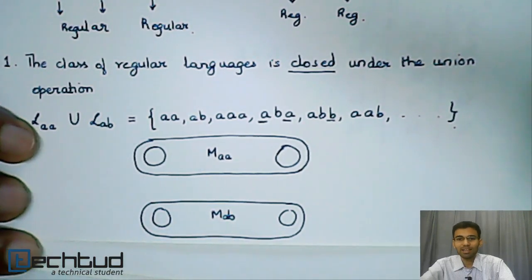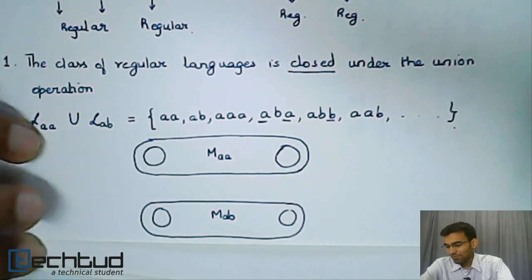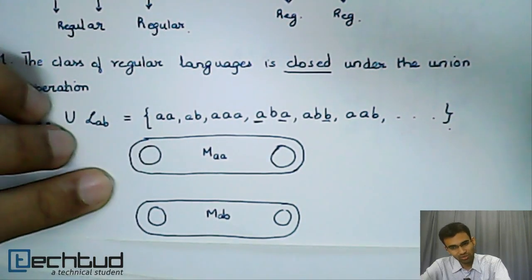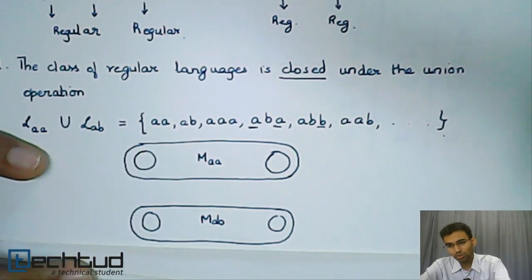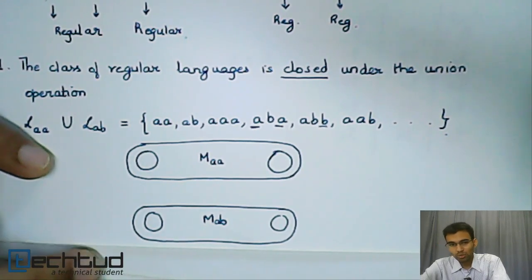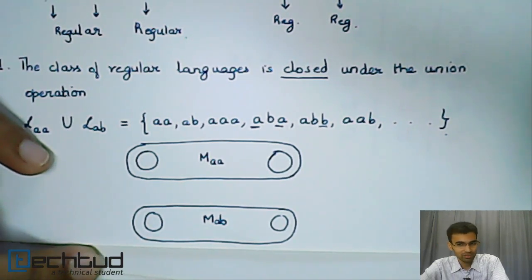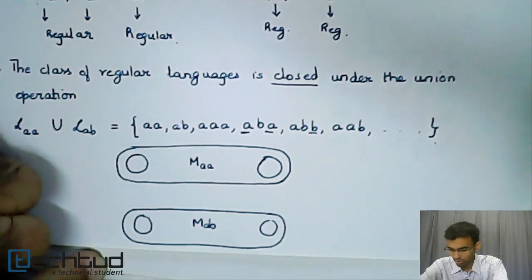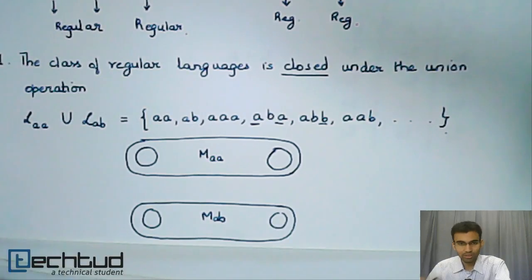So if we had a mechanism to say that if either of the machines accepts a string, then it belongs to the union, and we could draw a DFA or an NFA for that, then we could say that union is a closure operation for the set of regular languages.